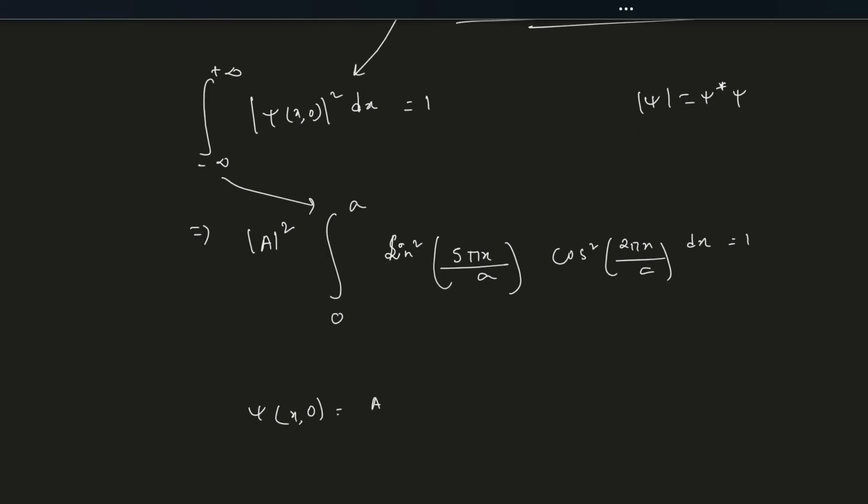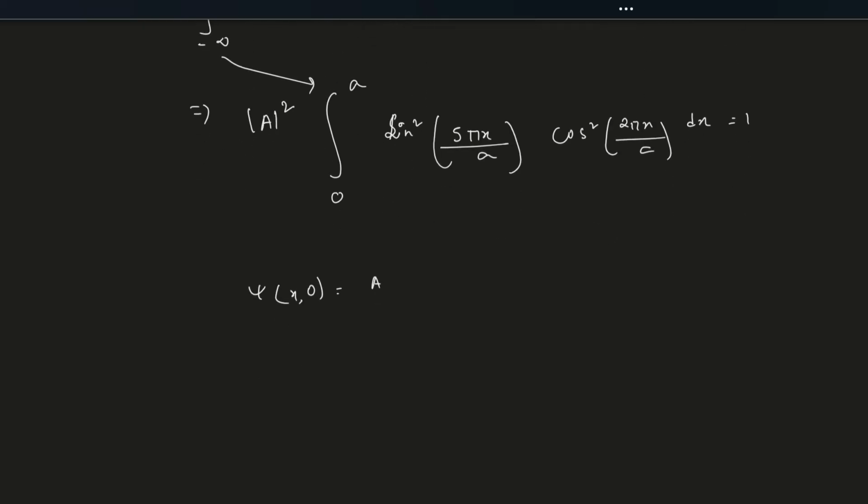So from this you can guess that alpha plus beta plus alpha minus beta, you basically add these two and take the 2 to the other side, multiplied, so it is 10 pi x by a plus 4 pi x by a.